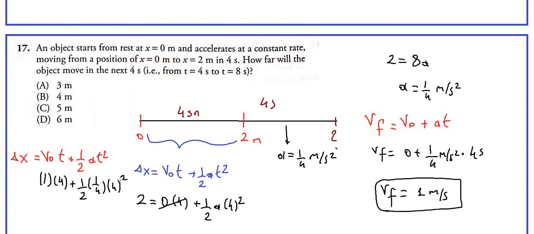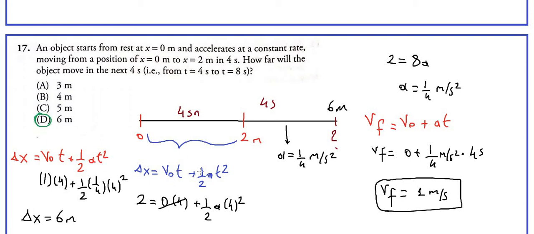So here 4 squared is 16, 16 divided by 4 is 4, 4 divided by 2 is 2, 2 plus 4 is 6. So total displacement is equal to 6 meter. So from here, the final destination is 6 meter.